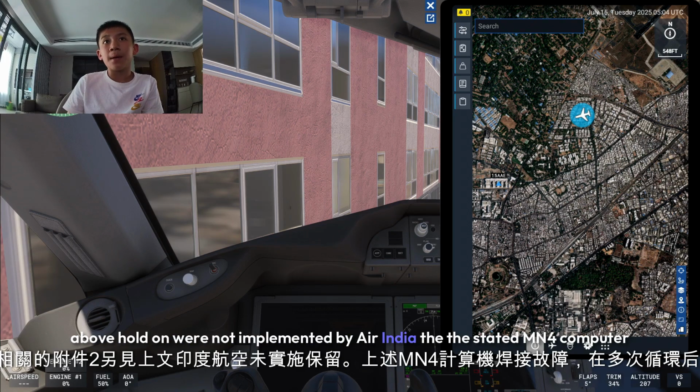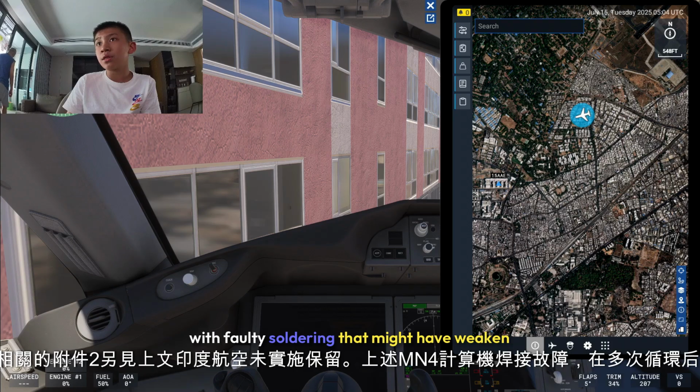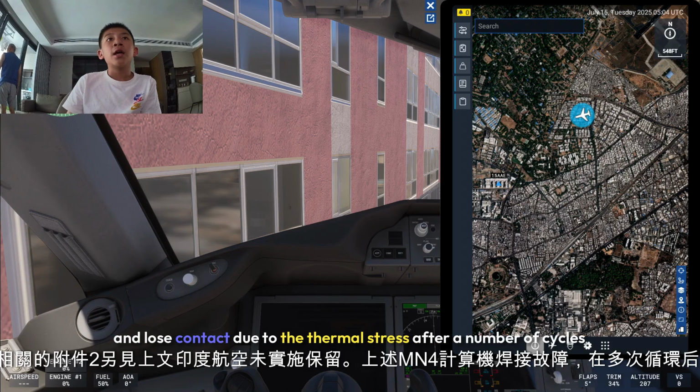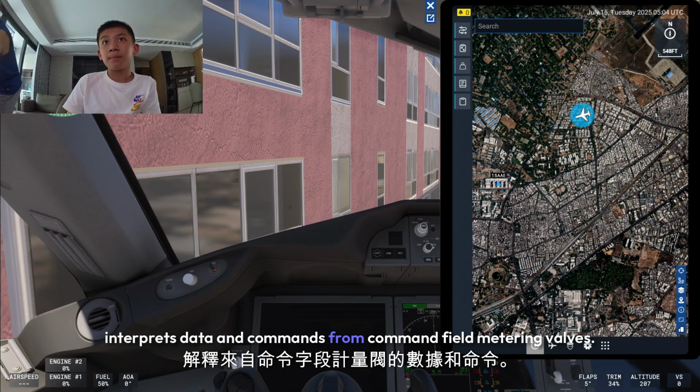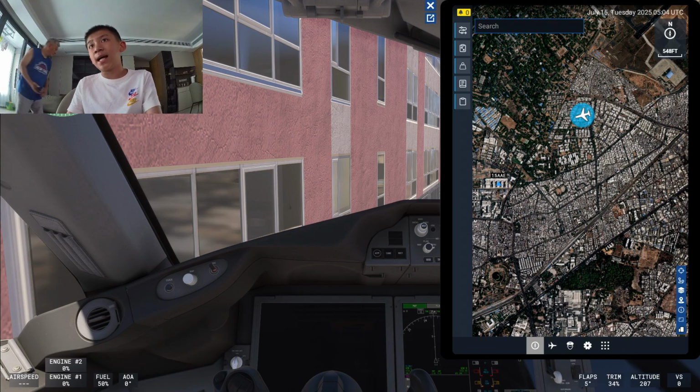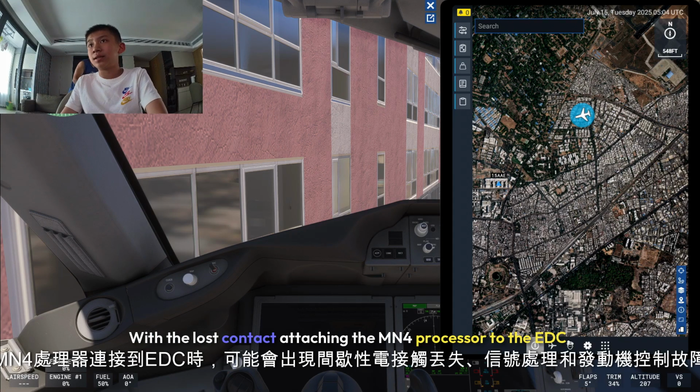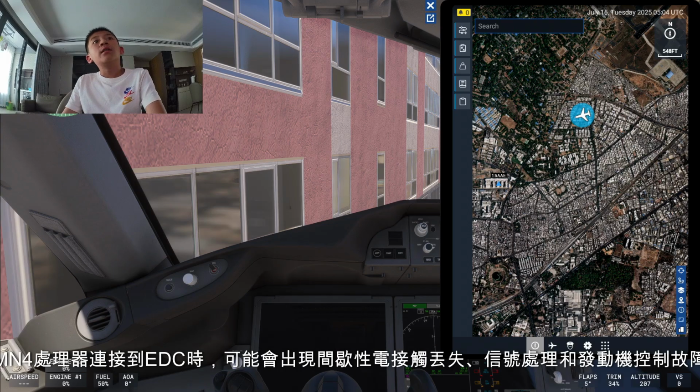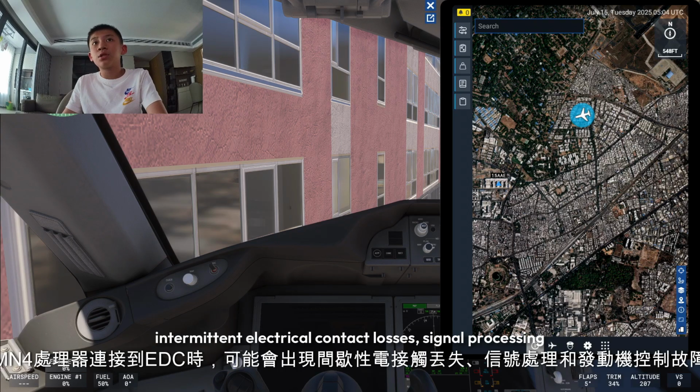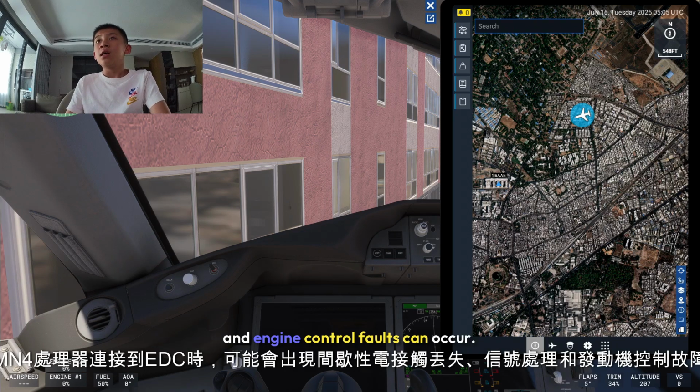The stated MN4 computer with faulty soldering might have weakened and lost contact due to the thermal stress after a number of cycles. It interprets data and commands from command fuel metering valves. With the lost contact attaching the MN4 processor to the EEC, intermittent electrical contact, loss of signal processing, and engine control faults can occur.